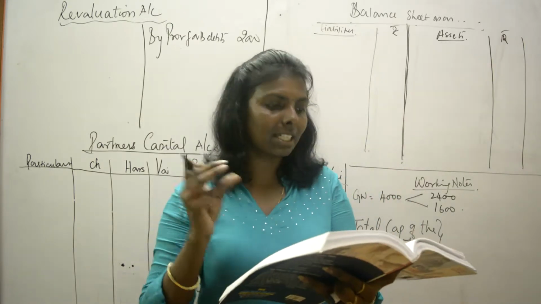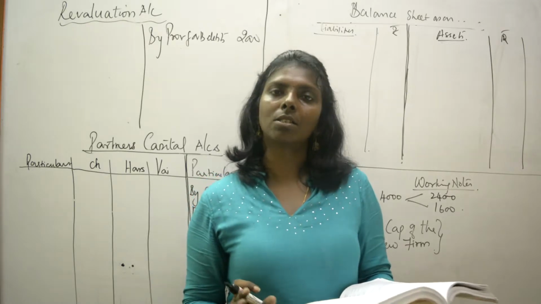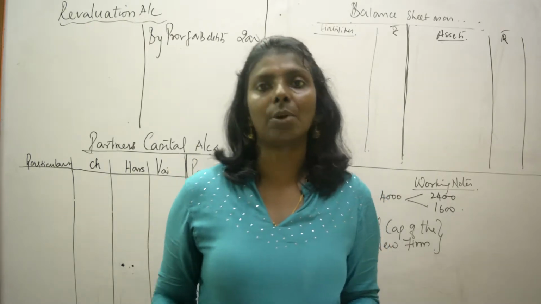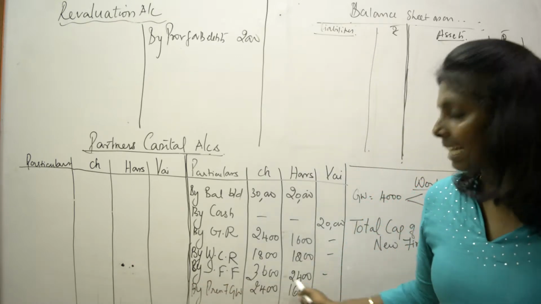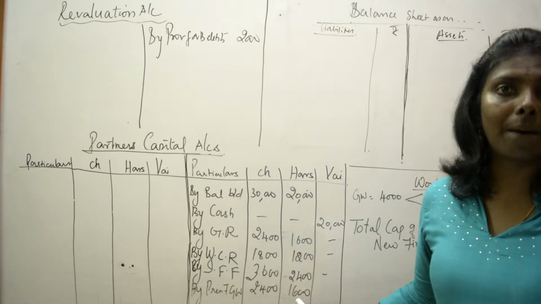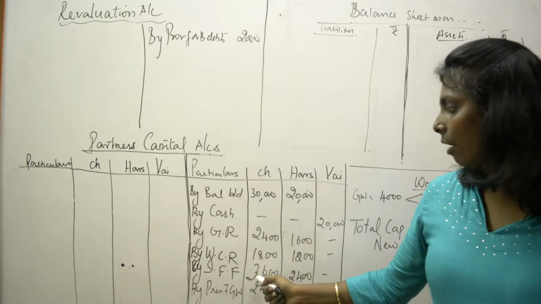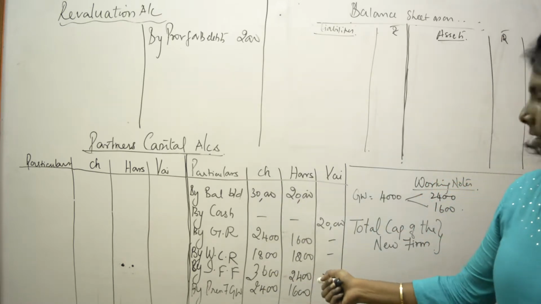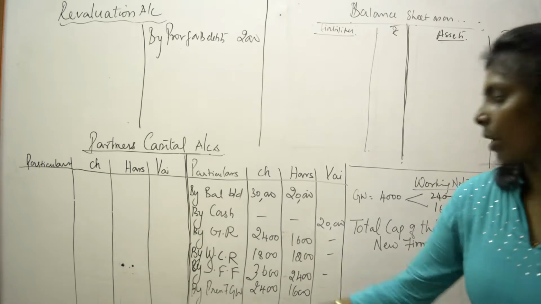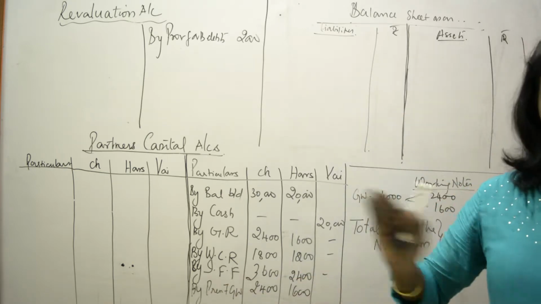So I will use that 5,000 out of the 11,000. How much is pending? 6,000. So immediately the investment fluctuation fund of 6,000 is divided among the old partners in the old ratio. So Charu gets 3,600 and Harsha gets 2,400. So investment fluctuation fund is divided.